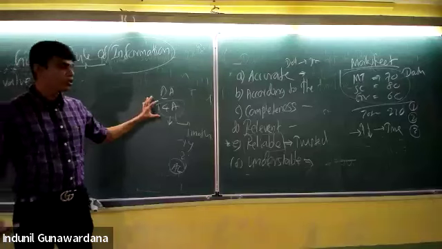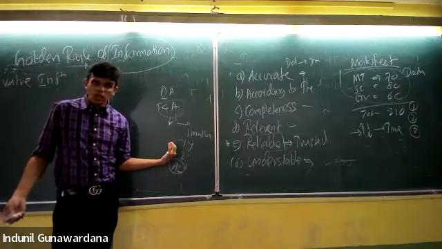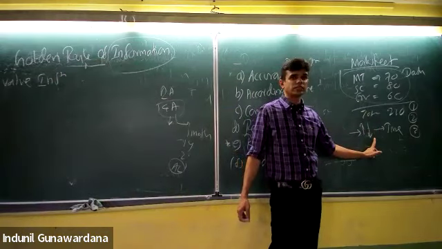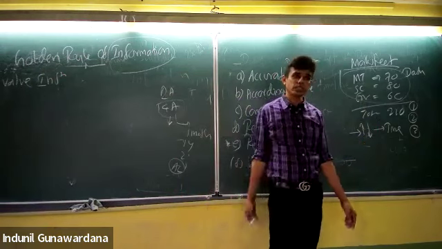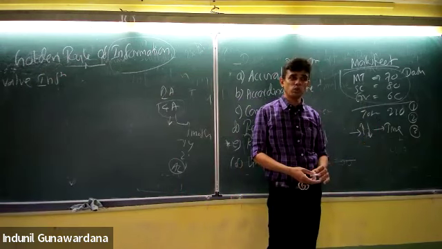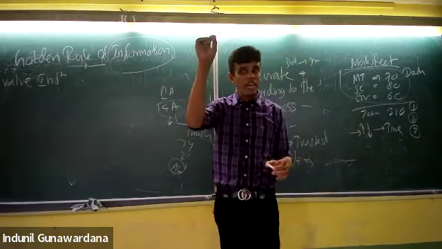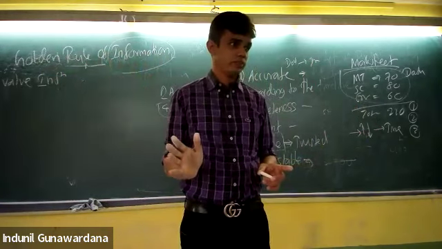We don't do any processing. Somehow that has a value along with the time. Will the value increase or decrease? Decreases. That's what the golden rule is. The golden rule says the value of the information reduces over time.